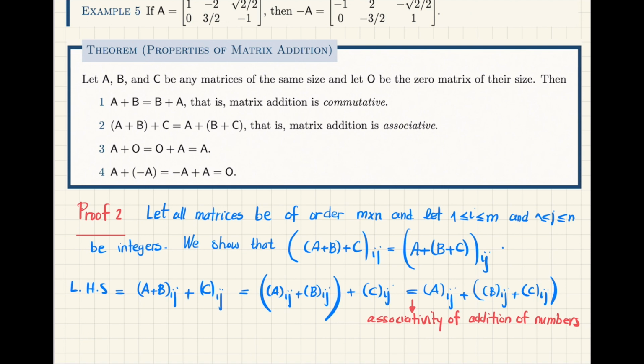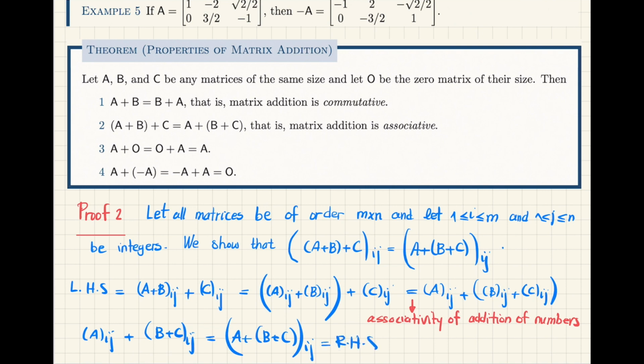So here, I will just write Aij. For the second one, I can write it as B plus Cij. And then again I can write it as A plus B plus C, the whole expression ij, and that is the right hand side.